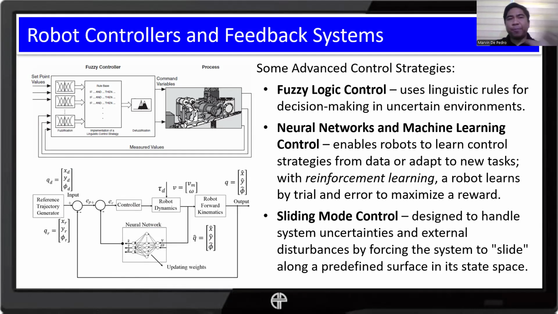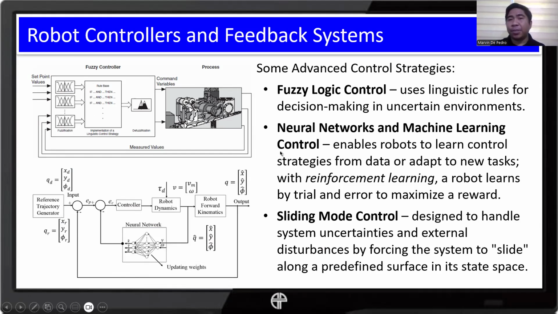Then we come up with rules that will form the basis of the fuzzy controller.